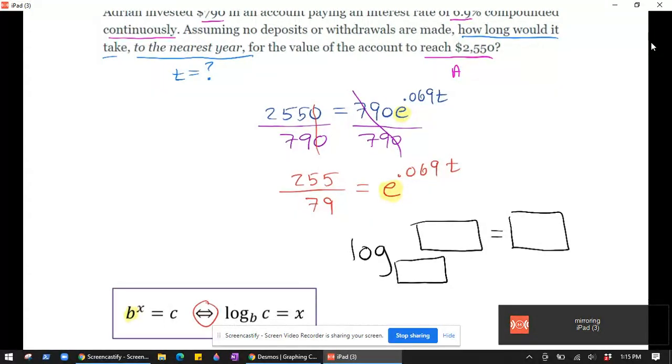So then I fill in these spots, repeating the equation. E to the 0.069t is equal to 255 over 79.